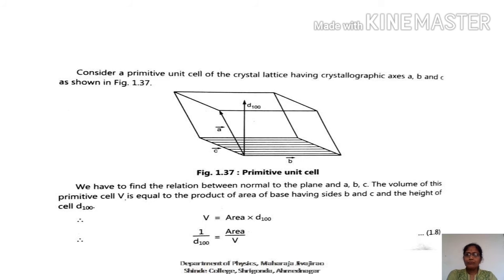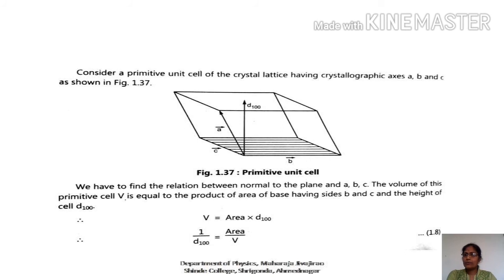Now d100 is a normal drawn to one of the planes and it represents interplanar distance. That is, it is a normal drawn to a plane which cuts the x-axis at 1 and is parallel to the y and z axis.